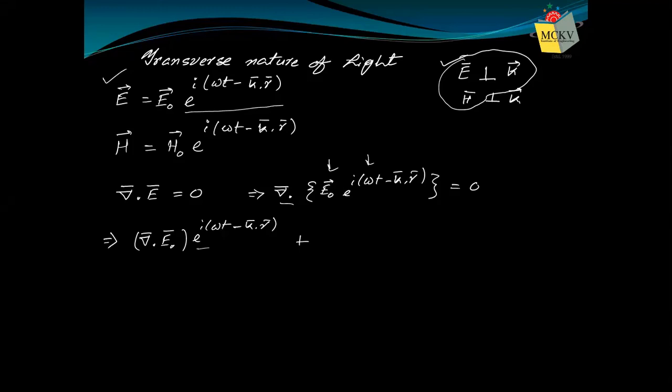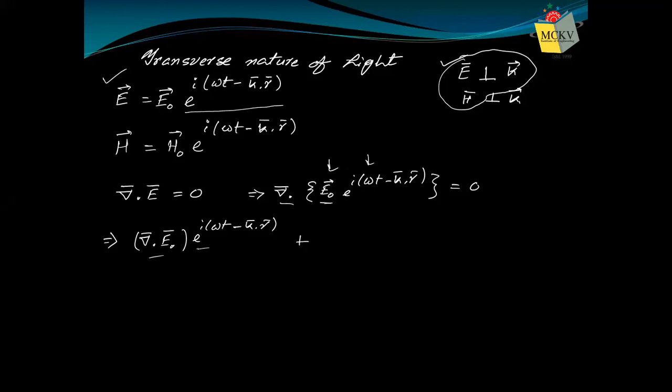Observe what the actual operation going on is. The actual operation is del dot: divergence is operated on the whole thing within the curly bracket. Keep it in mind. Now think of it: E naught is a vector, which means divergence can be operated on E naught, like here it is operated.